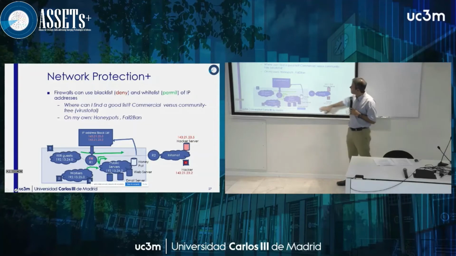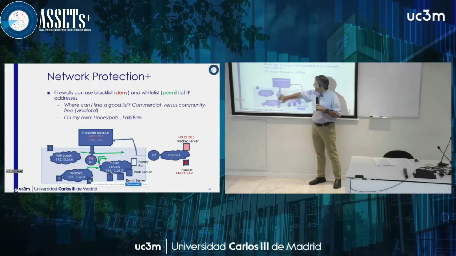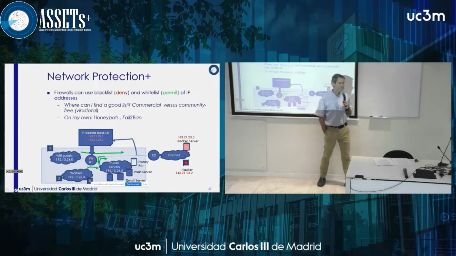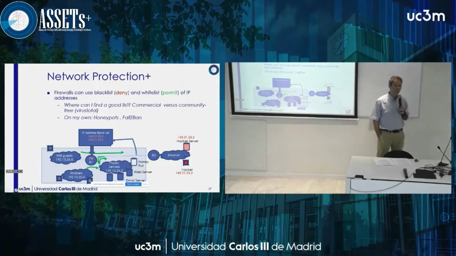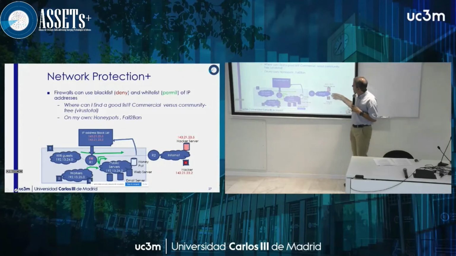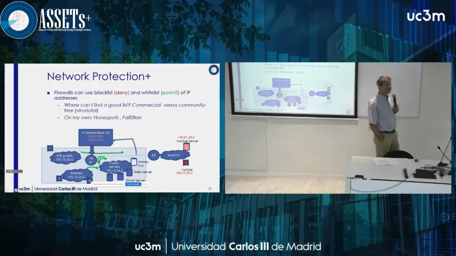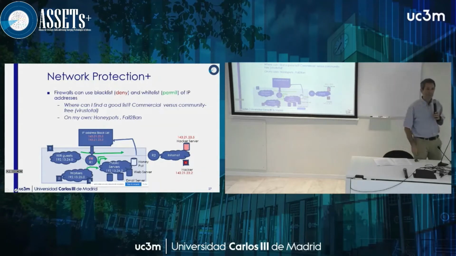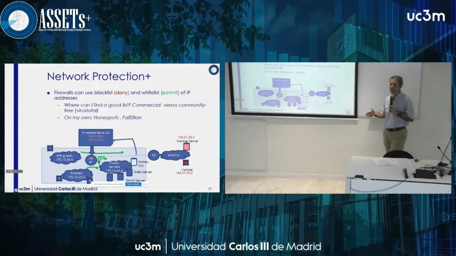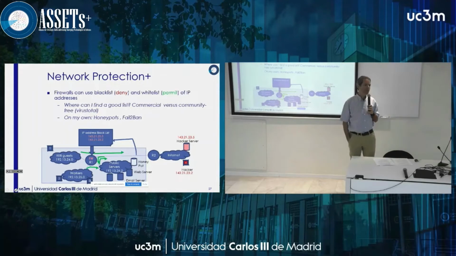So I can use blacklisting inside my firewalls. In the previous case, if the hacker server's IP address is inside my blacklist, the firewall will stop that communication. So it's a good option to add some kind of blacklisting inside the firewalls.